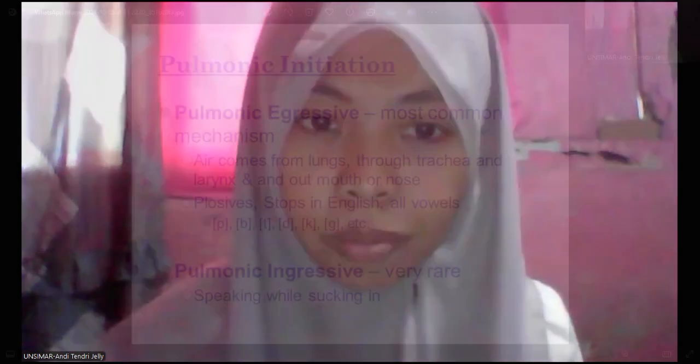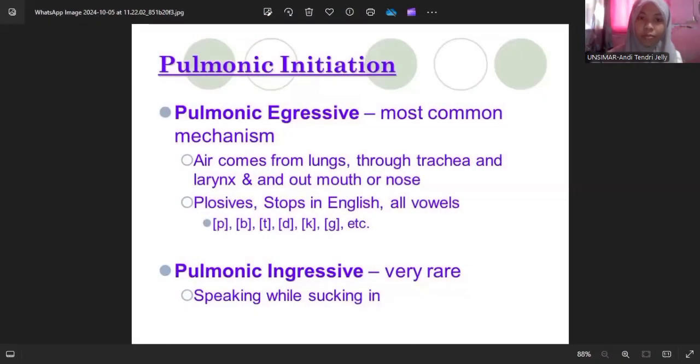So the first topic that we will explain is pulmonic imitation. In phonetic phonology, pulmonic imitation refers to the mechanism of airflow that originates from the lungs and is used to produce speech sounds.